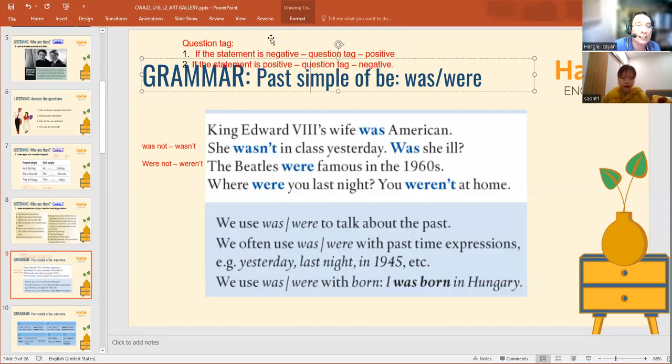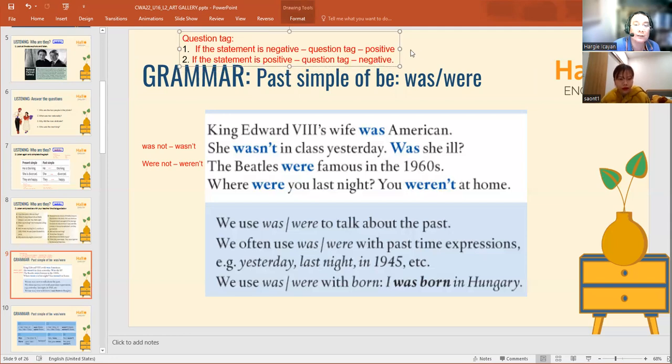Like in these particular examples that we have. Look at this: She wasn't in class yesterday. This is a negative statement. So therefore, what is our question tag? It should be positive. So we use the be verb, was.